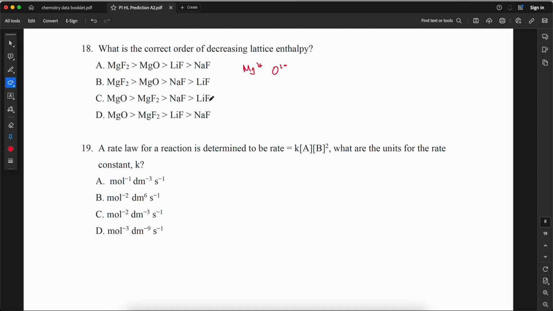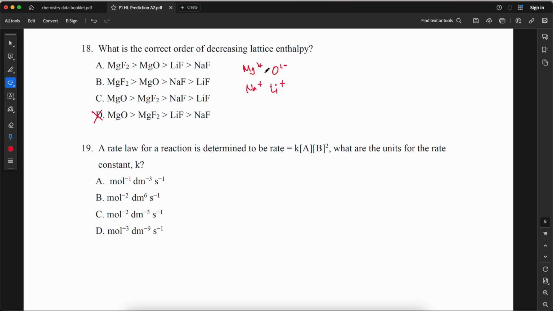And we've got Na also with Li. To compare these two, we need to look at the size. Na plus has a larger ionic radius compared to Li plus, because Na is further down than Li. Therefore, the answer will be D.